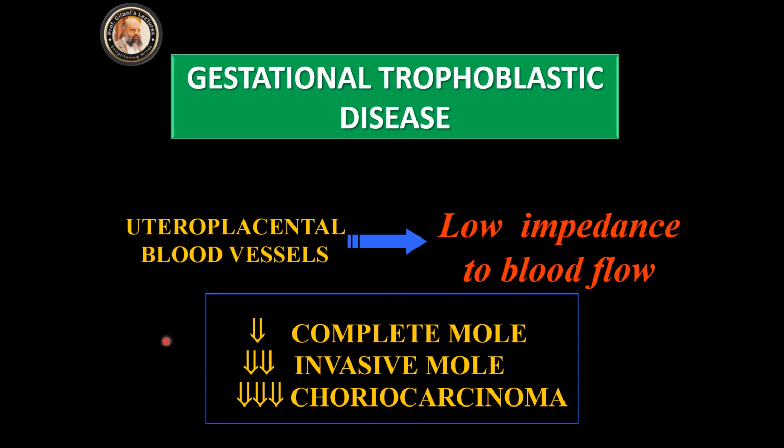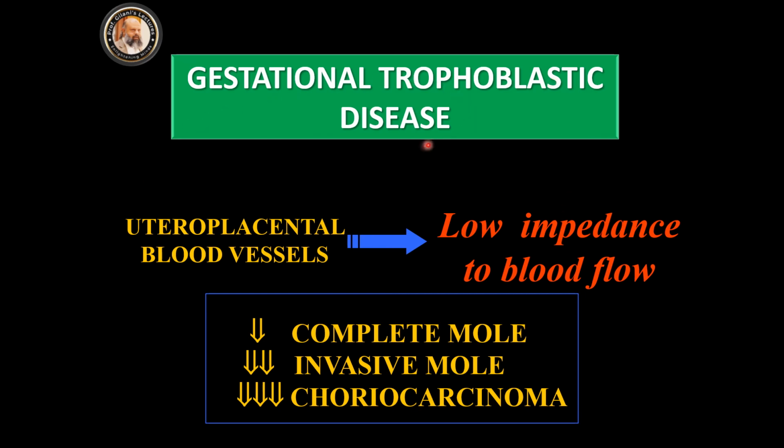Gestational trophoblastic disease is a group of rare diseases in which abnormal trophoblastic cells grow inside the uterus after conception. In gestational trophoblastic disease, a tumor develops inside the uterus from the tissues that form after conception.